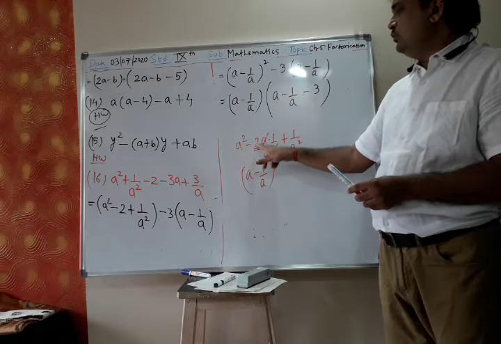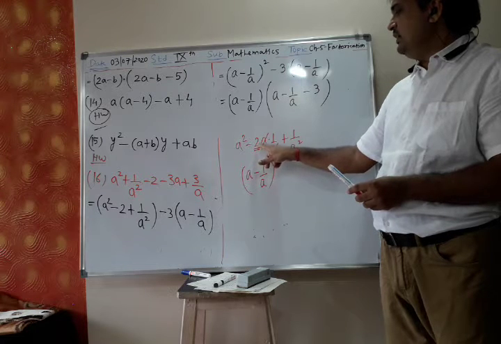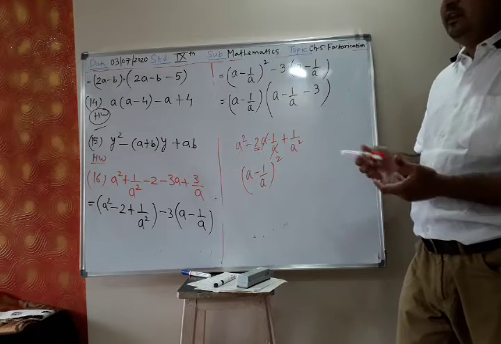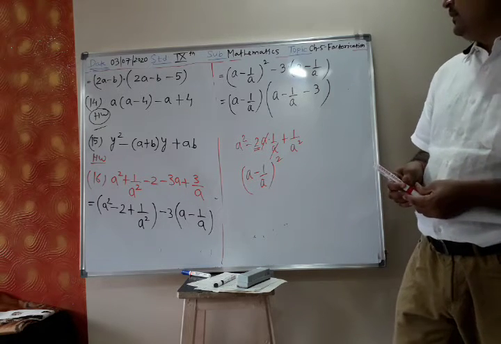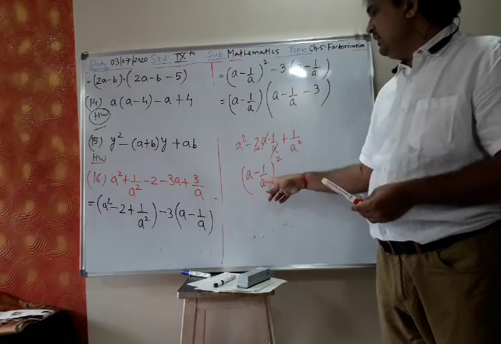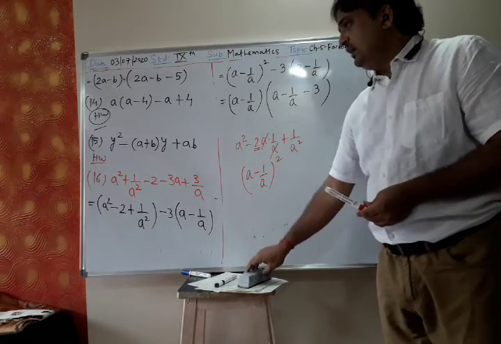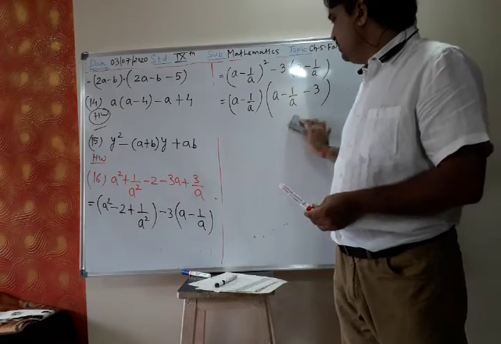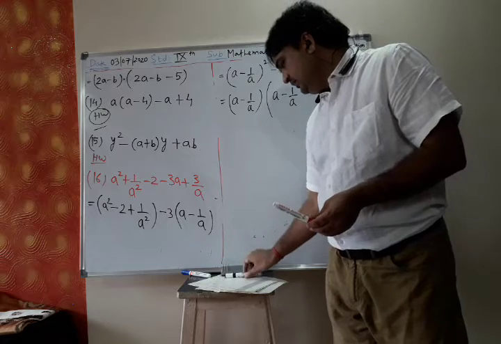The a gets cancelled, so 2 is left. We have seen this in the expansion chapter. So a square minus 2 plus 1 upon a square is nothing but a minus 1 upon a whole square. Clear?